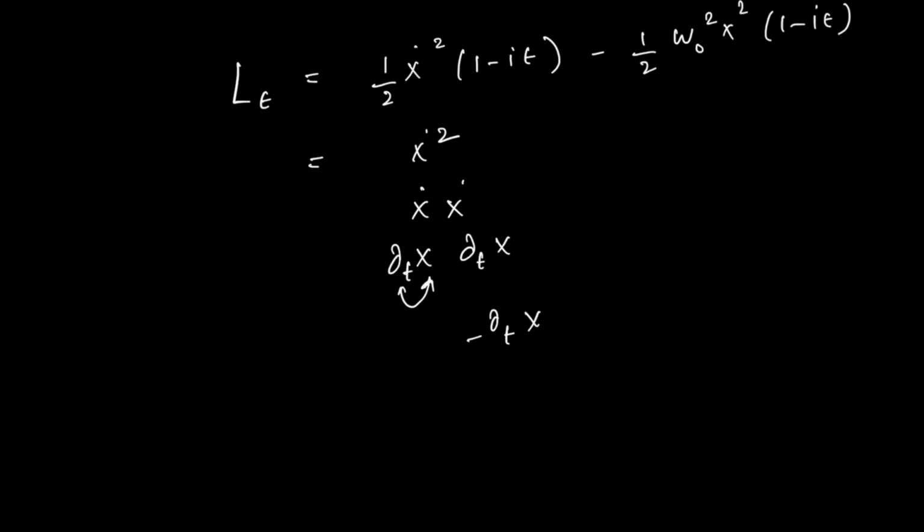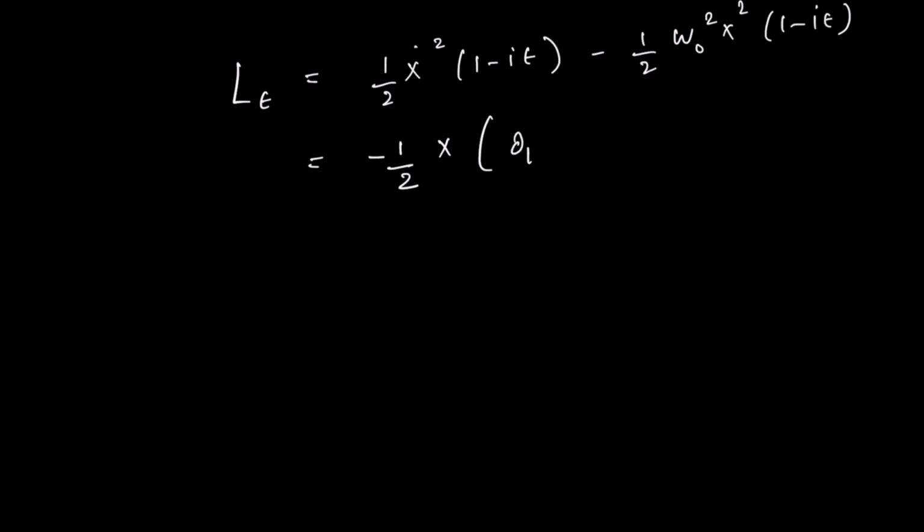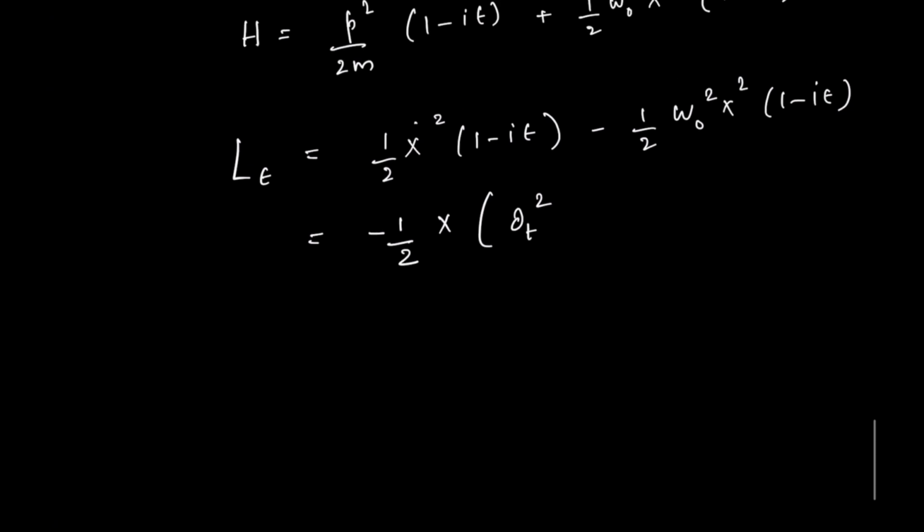So instead of half x dot square, I can write minus half x outside, with d t square. Similarly, from here I can take out the minus outside, so plus omega naught square, and here I have to multiply inside and then take the common factor outside, so I'll get minus i epsilon, sorry, plus i epsilon, d t square.